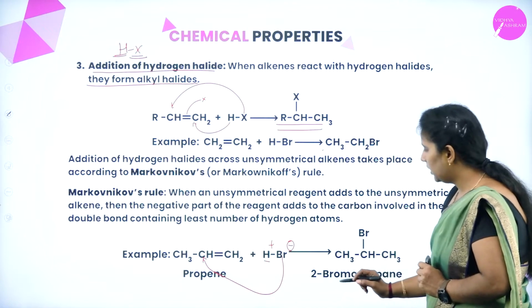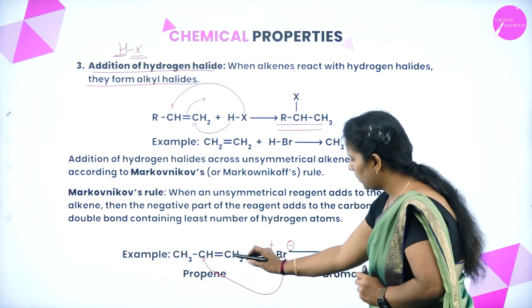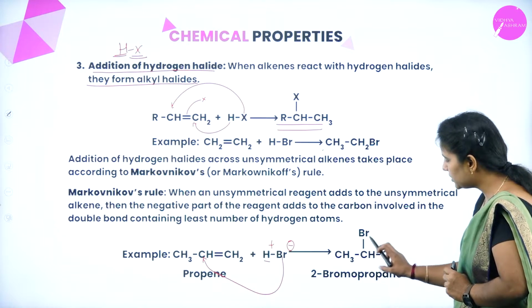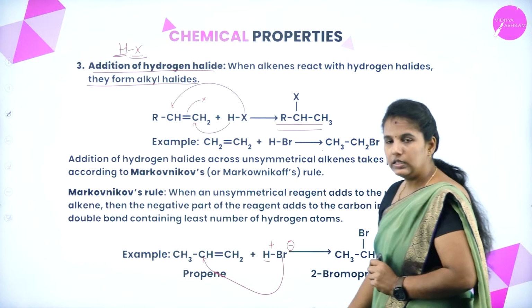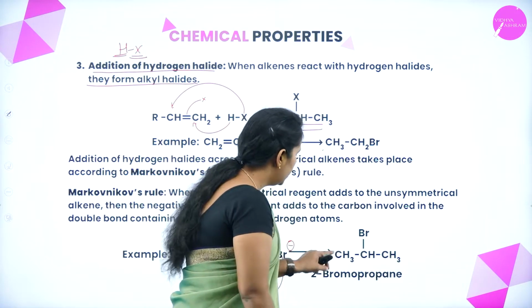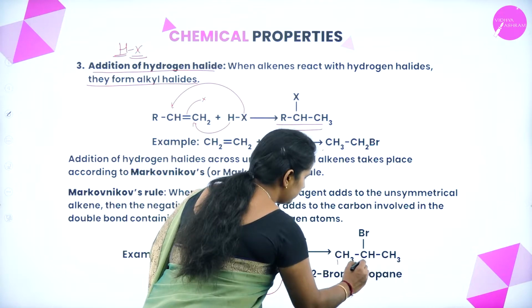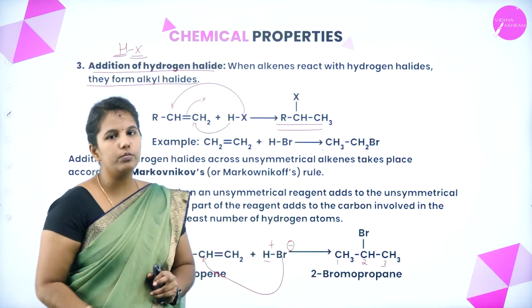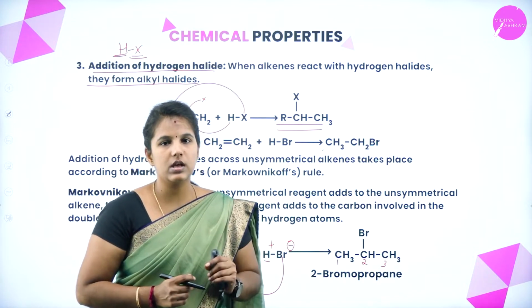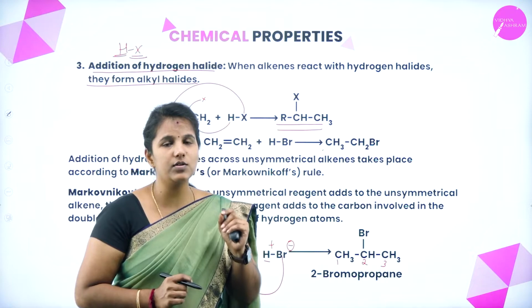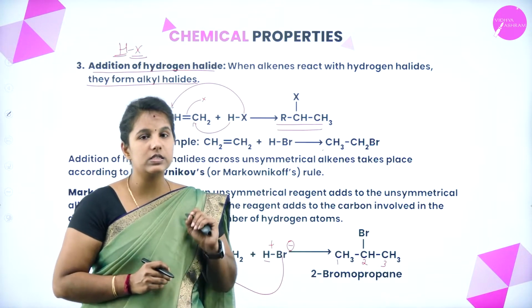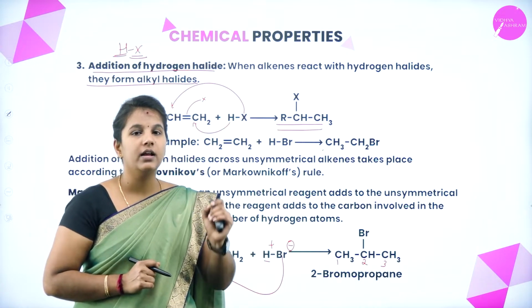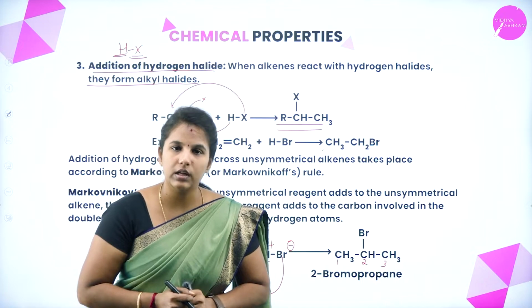Later this H plus ion will attach to the other carbon atom and forms CH3, CHBr, CH3. This is named 2-bromopropane. This is how, when you add hydrogen halide to an unsymmetrical alkene, it has to be added according to Markovnikov's Rule.